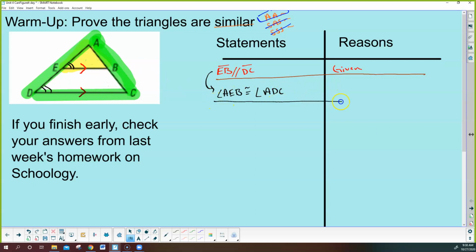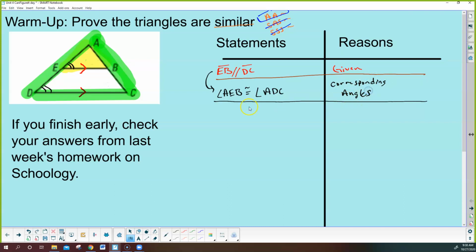Why are those two congruent? That's the question. It's based off of parallel lines. These are parallel lines and the angles are in the same position, which are corresponding angles.